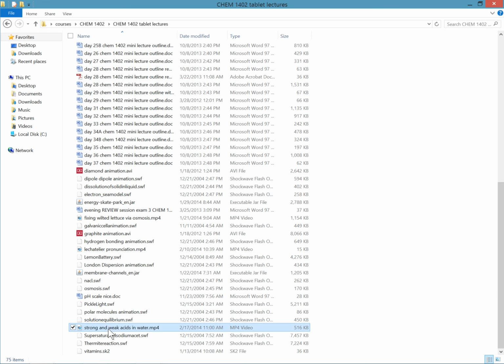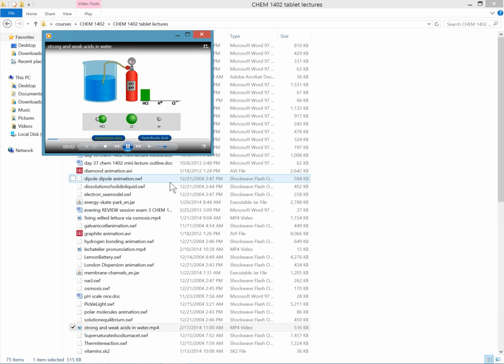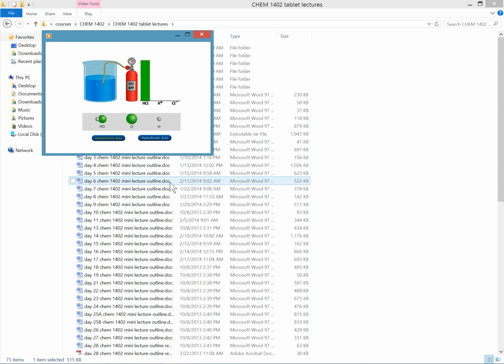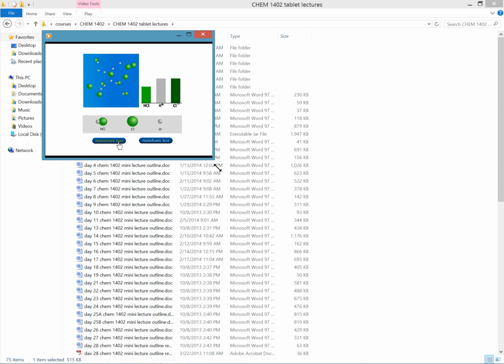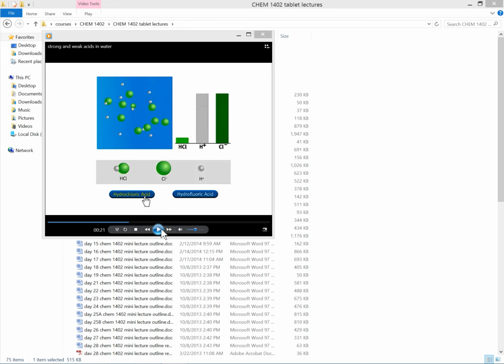Let's see. Strong acid and weak acids in water. Here it is. Can you see what's going on there? What they did is they bubbled some HCl in water. And you see all the little molecules flying around in there? And the HCl is supposed to look like this.